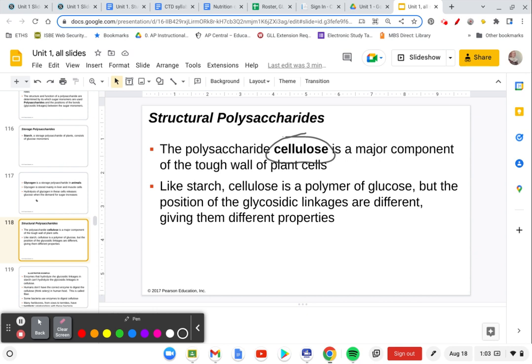It is a polymer, just like starch, but the difference is these covalent bonds, these glycosidic linkages, are in different locations, and because they're in different locations, that gives it a different property. It makes it water insoluble. It makes it much harder to break apart than, say, starch, for example.